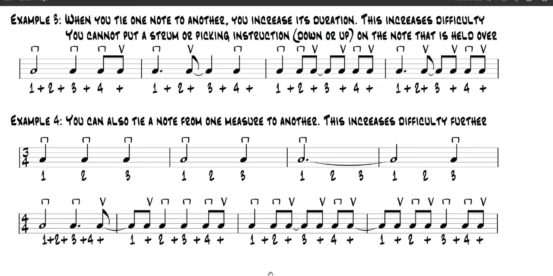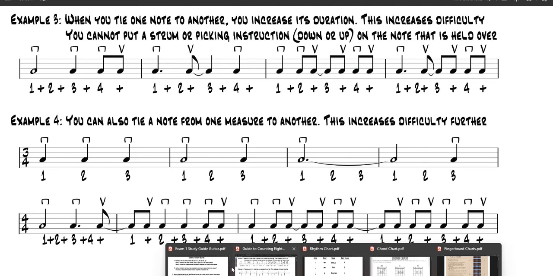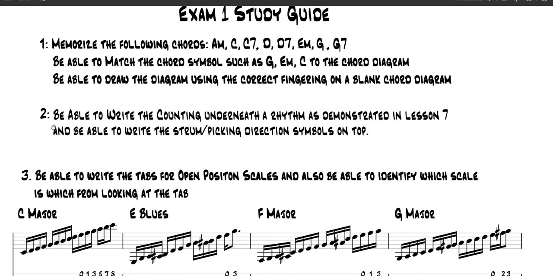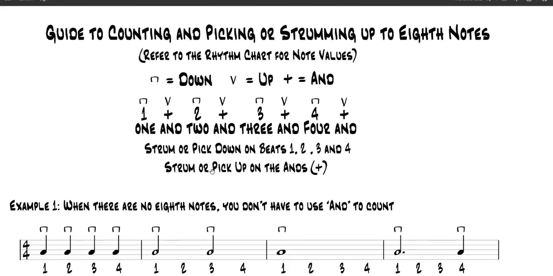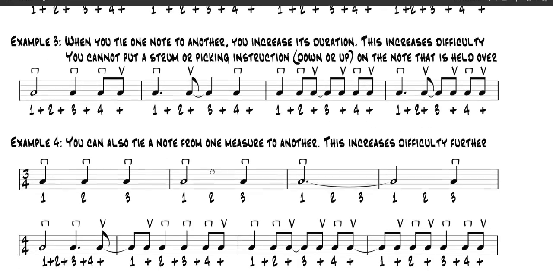All right, the last thing we need to talk about is rhythms. You have this here on the study guide. It says that you have to be able to write the counting underneath a rhythm as demonstrated in this lesson, and be able to write the strum or picking direction symbols on the top. If we look at the guide to counting eighth notes, it shows us some examples of this.